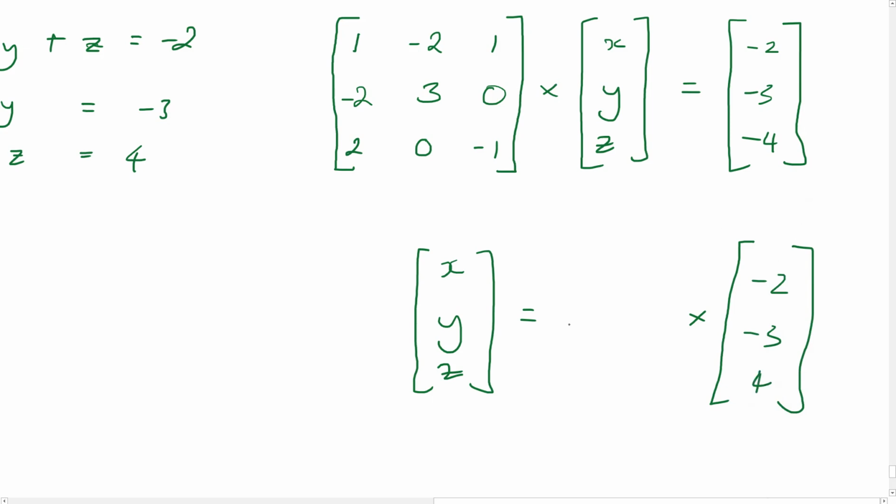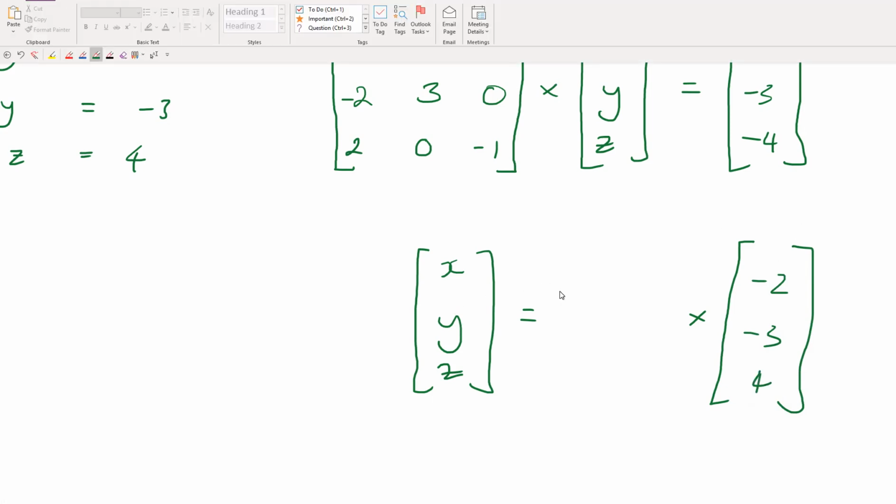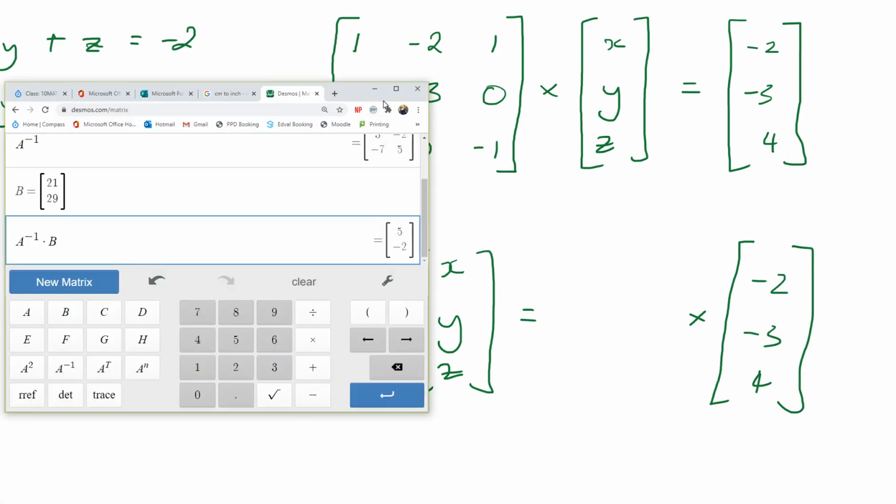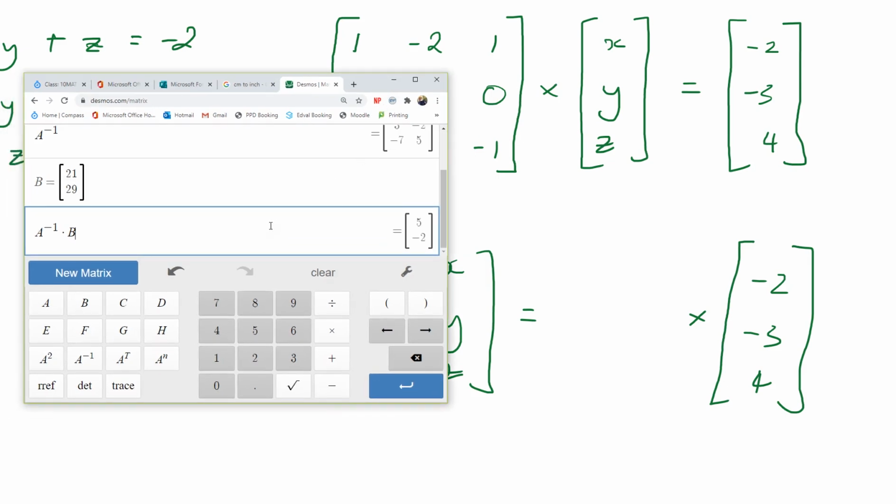Sorry, I did write -4 there, didn't I? Let's fix that up to just be 4. Okay, so let's use a trusty calculator to find the inverse. On your CASs, by the way, if you want to find the inverse of a matrix, you're just going to put it to the power of -1.